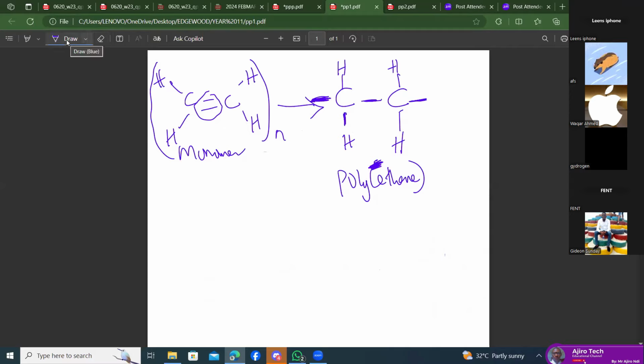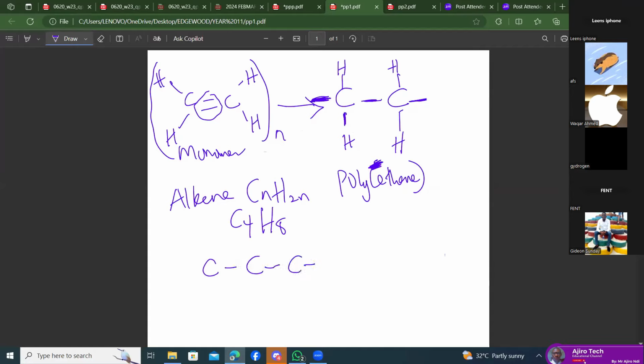Remember that the general formula for alkenes is CnH2n. So butene is going to be C4, and butene is C4H8, because n is 4. Now, I want to draw but-2-ene. So I'm going to draw 4 carbon atoms first: 1, 2, 3, 4.